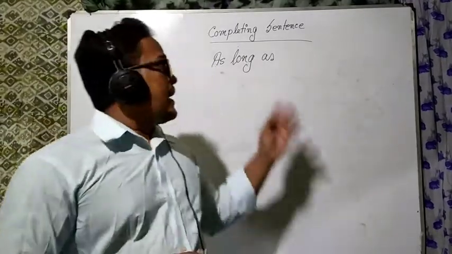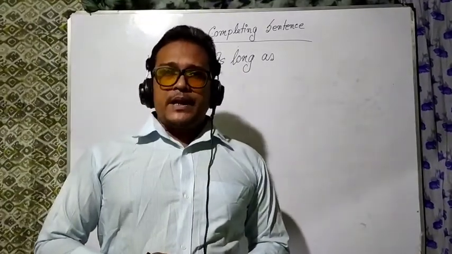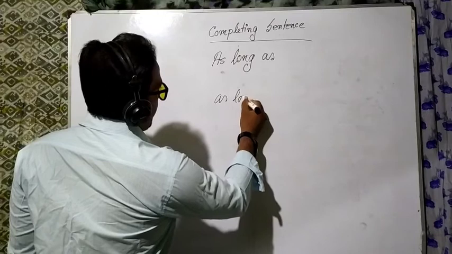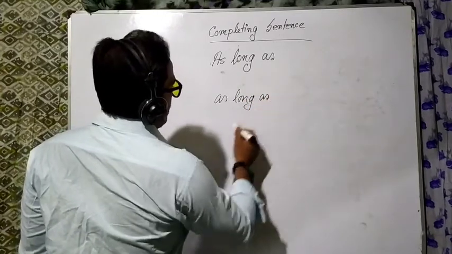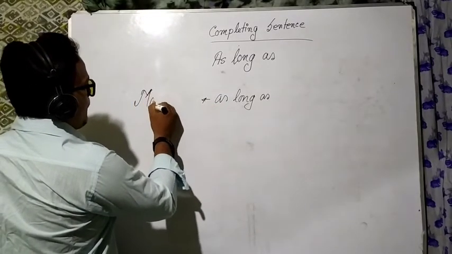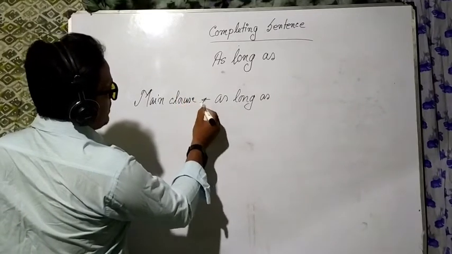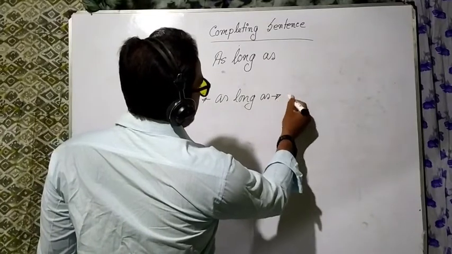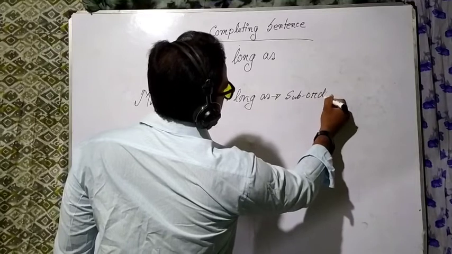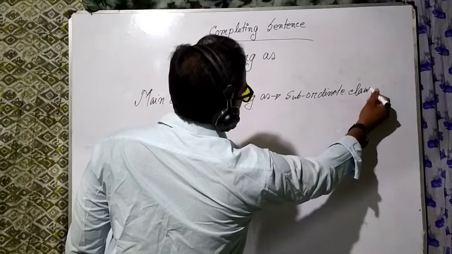When we see as long as in the middle of an incomplete sentence, we have to use main clause, and after that we have to use subordinate clause.